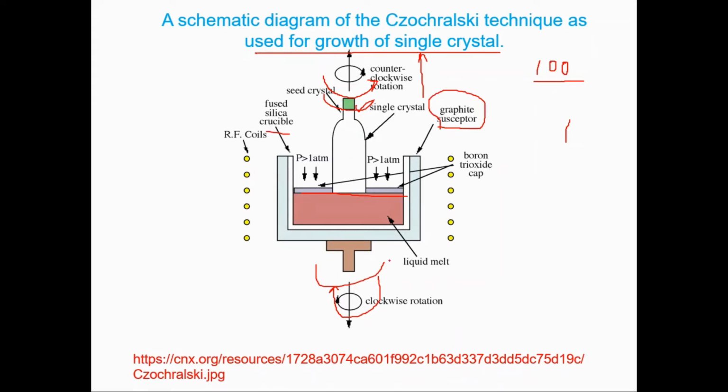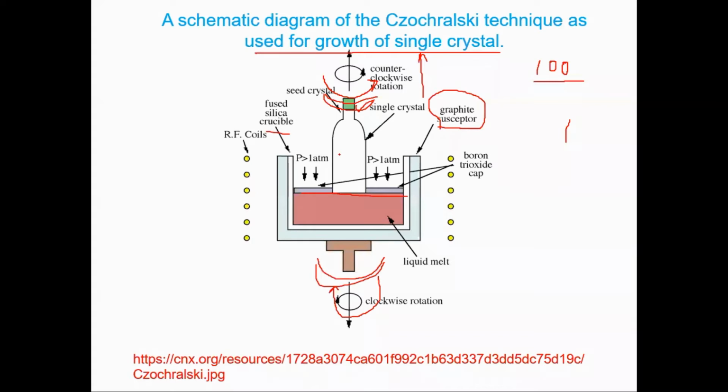what is happening. So till now what I have discussed is that this is a susceptor, this is your crucible. Inside that, these are RF coils, you are heating this to get it into liquid melt. Then you put the seed here, and the seed is pulled up. Immediately when your seed comes out, it solidifies, and it rotates in this direction, and it rotates in this direction.